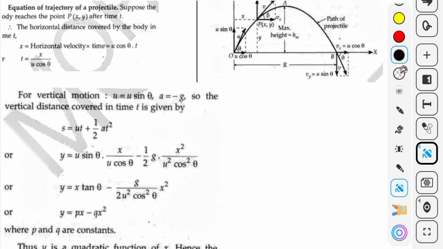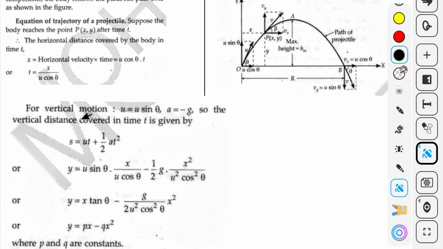For vertical motion, the initial component of velocity was u sin theta. At this point P, gravity is acting downwards but the body is going upwards, so the acceleration will be negative g.